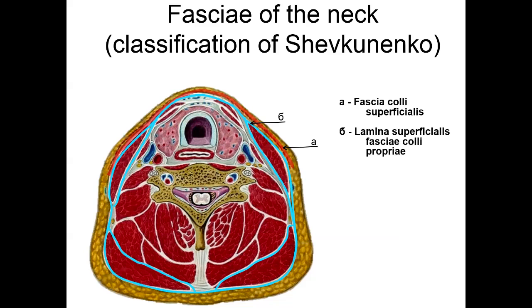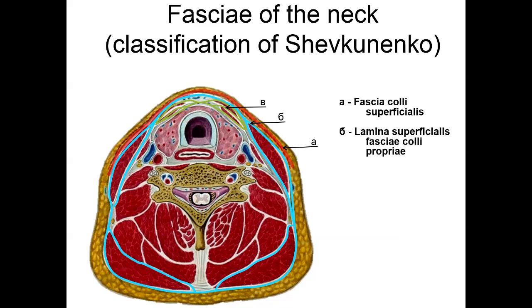For example, if an abscess takes place here in the occipitovertebral region, there is a barrier between this inflammation and the anterior muscles. So it's some obstacle for the development of inflammation from the posterior into the anterior region.